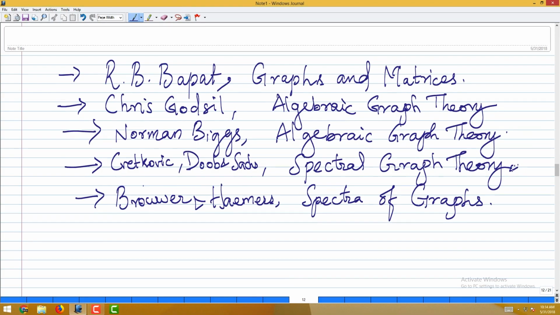This is the first book which was published, it came in 1972 I guess, and the other books are a little more recent. And for network theory, somebody was also asking me, you can look into Newman's book, because every network theory deals with spectral properties of networks at large scale.